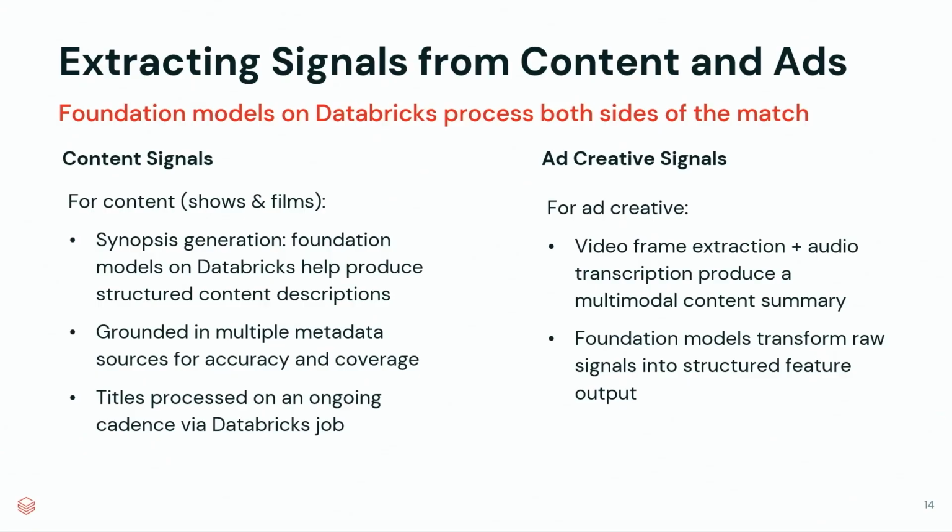For ads, again, it's multimodal. So we'll track frames at 1 to 2 seconds, so maybe 15 to 30 per ad, transcribe the audio, package that up into a synopsis, and then that goes through, again, a model and prompt that's been chosen specifically for the ad tagging use case. And then we match them.